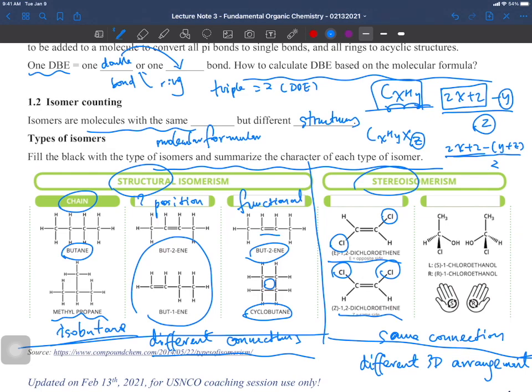Anyway, these two structures are different. So we call this cis-trans or E-Z. But I think cis-trans probably makes a little bit more sense to you, because which one would be trans, guys? Trans means different, right? The first word that came to my mind is transformer. I probably watched the movie too many times.